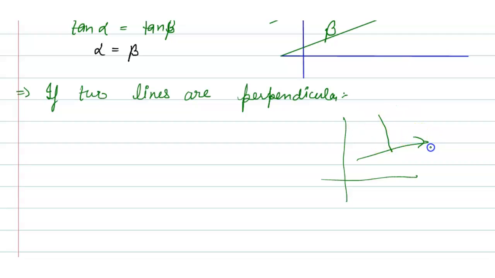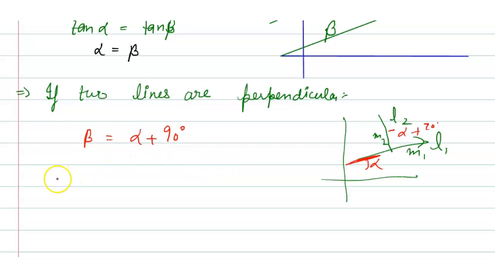Let this line be L1 and this line be L2, with slopes m1 and m2. So here you can write beta is equal to alpha plus 90 degrees. This line has an angle alpha, and this line has an angle alpha plus 90 degrees, equal to beta.